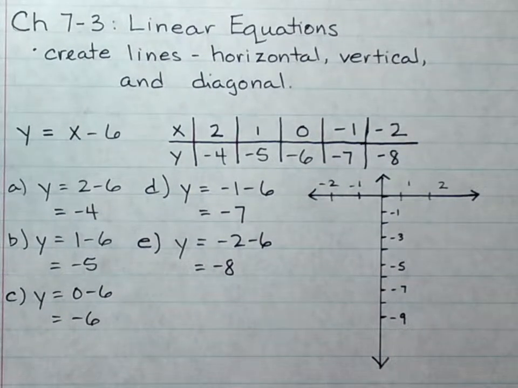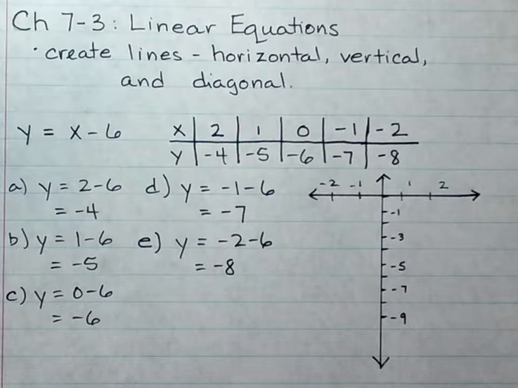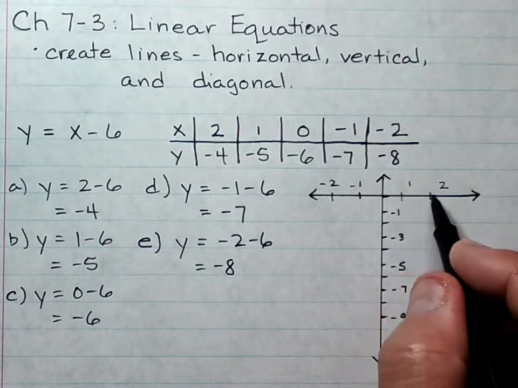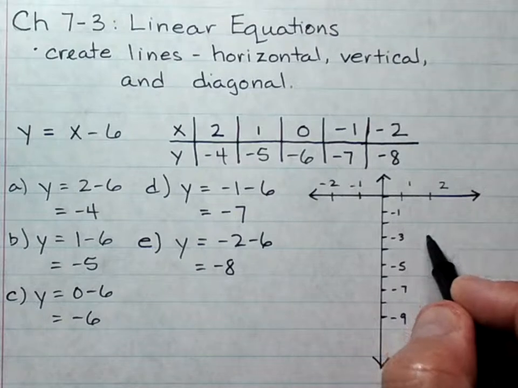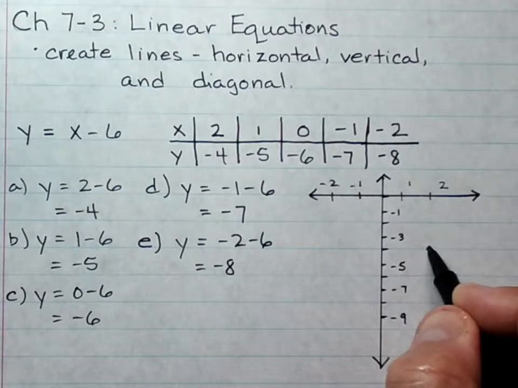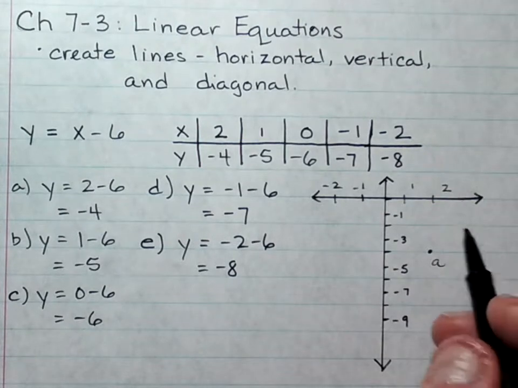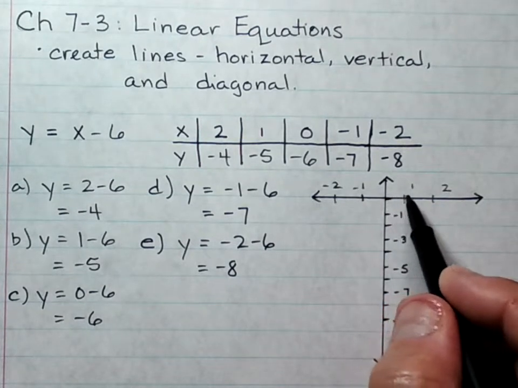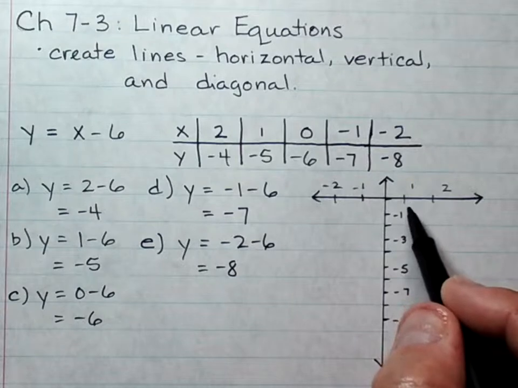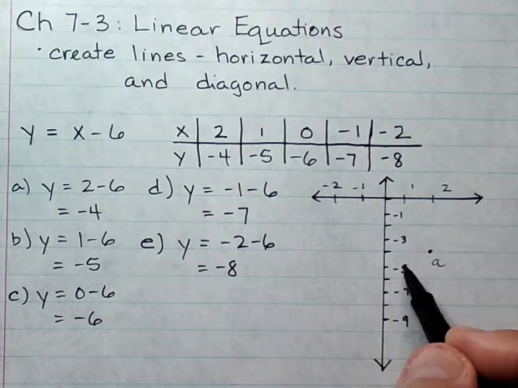And now we just plot. So A is going to be 2, negative 4. B is 1, negative 5. It's right around here.